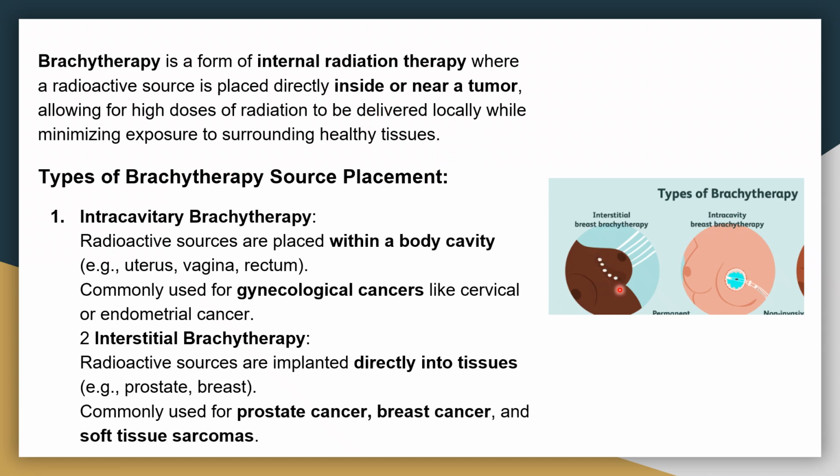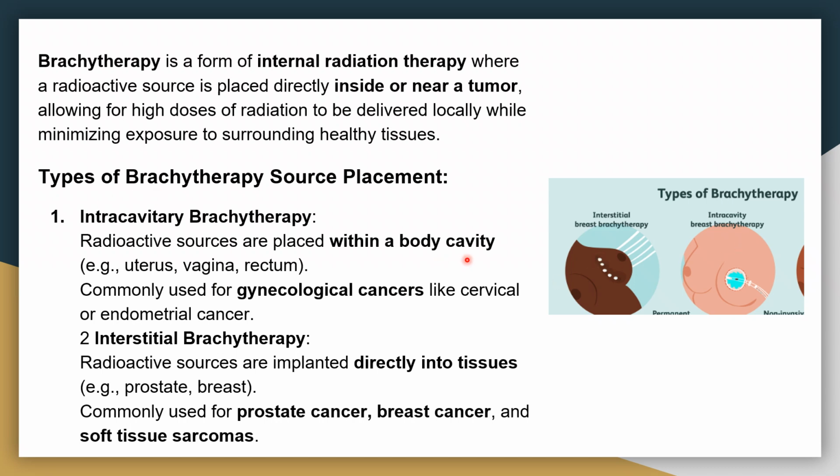For example, if this is a breast tumor case and we are giving brachytherapy, we put the capsules or the seeds around the breast, and it will start dissolving and giving the radiation, and that's how the radiation therapy is given.